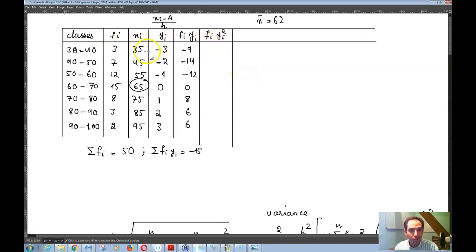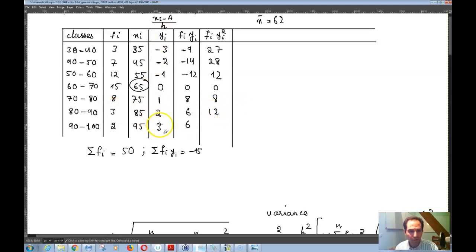So y of i squared over here is, for example, 9 times f of i is equal to 27. Y of i squared over here is 4 times 7 is equal to 28. Y of i squared over here is 1 times f of i is equal to 12. Over here it is 0 times anything is 0. Over here 1 times 8 is equal to 8. Over here y of i squared is 4, so 4 times 3 is equal to 12.